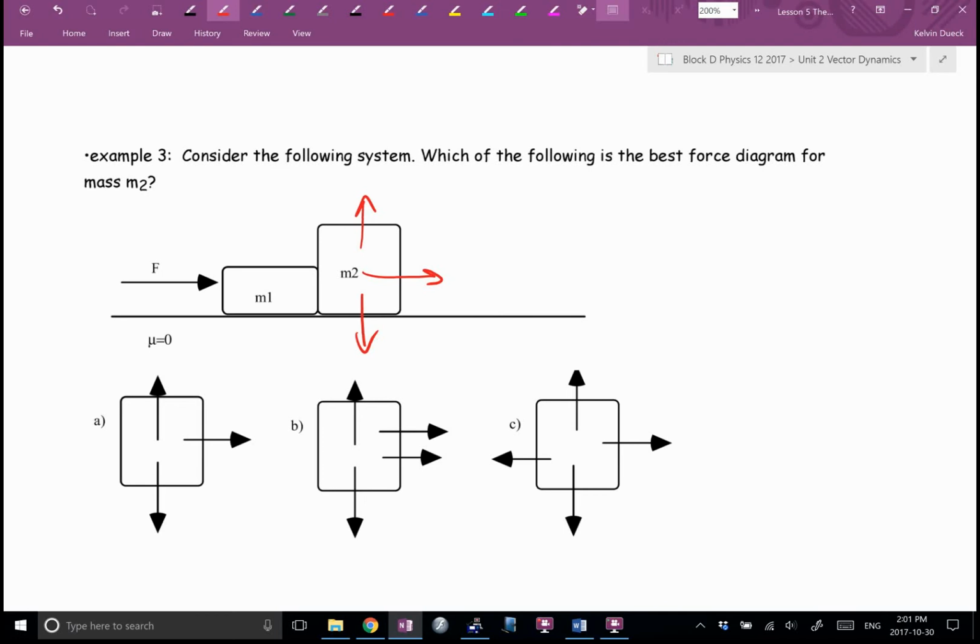Let's draw the free body diagram on mass 1. Get the obvious one. M1G, normal force number 1. F applied.